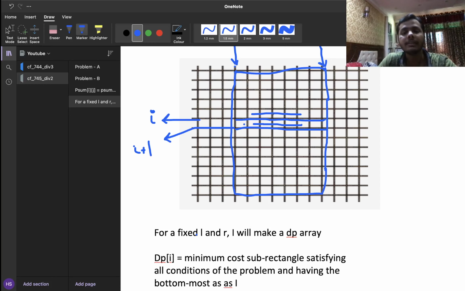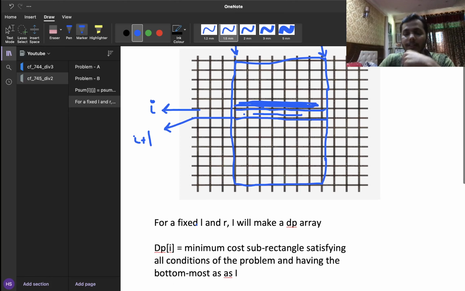We can simply subtract the number of operations which it took to make all these cells black, and just add the number of operations which will take to convert all these cells white, right? Because when we are transitioning from I to I plus 1, the bottommost row is I plus 1, so we want all these cells to be white, right? That's the thing here.